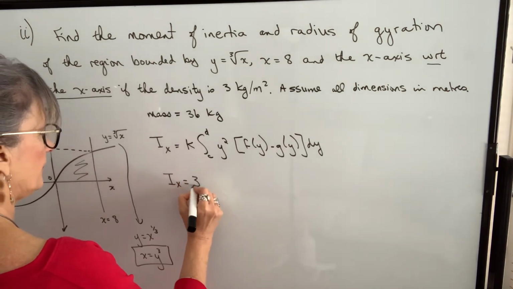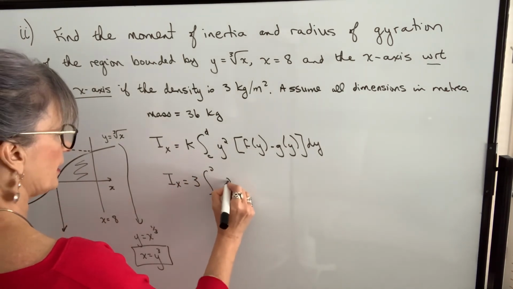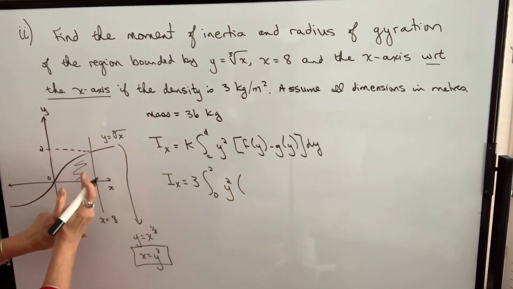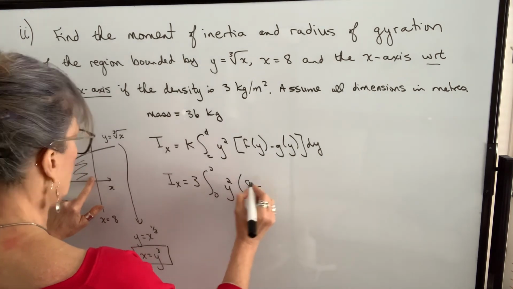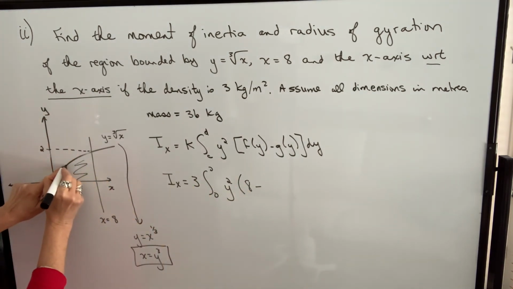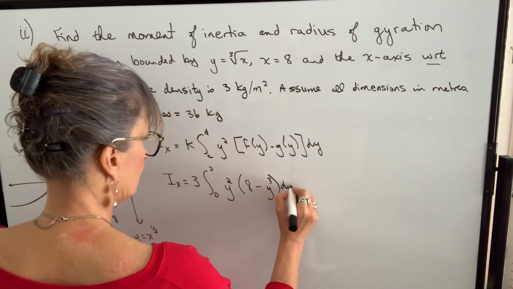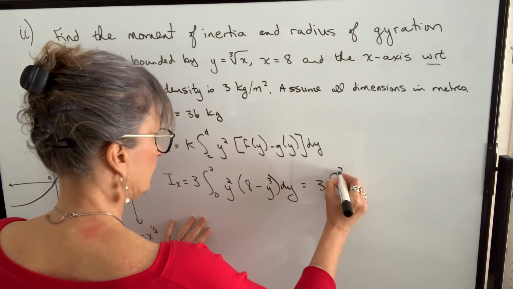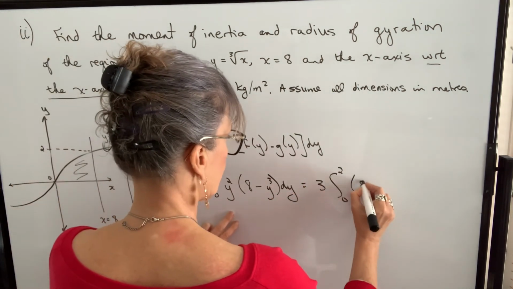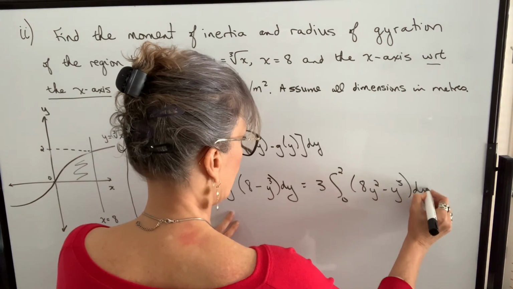Density is 3. The integral from 0 to 2 of y squared times f of y. F of y is x equals 8 minus g of y, which is y cubed, dy. Simplify it, so it's going to be 8y squared minus y to the 5th dy.